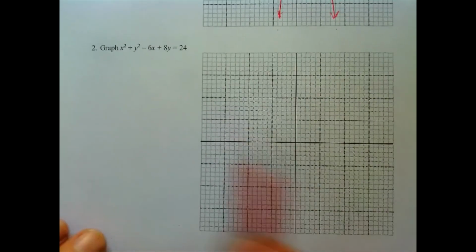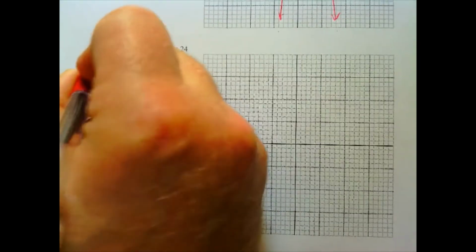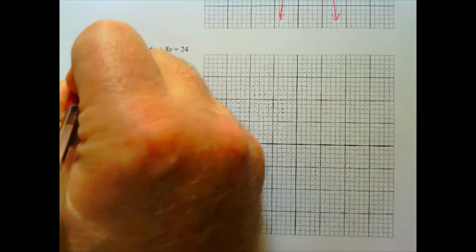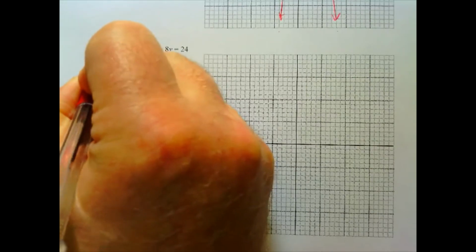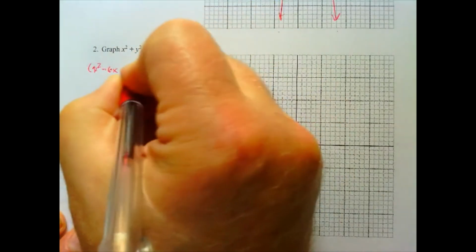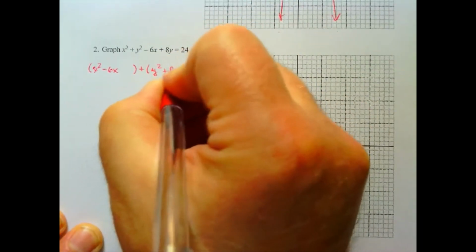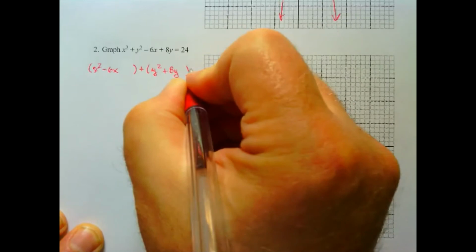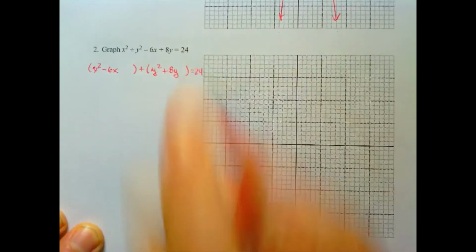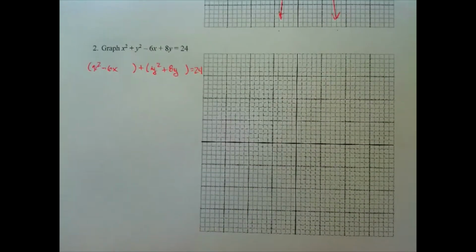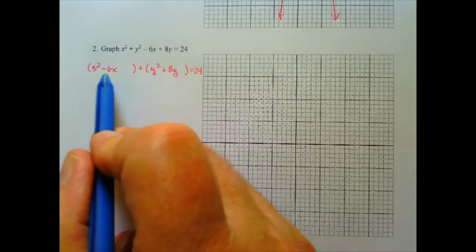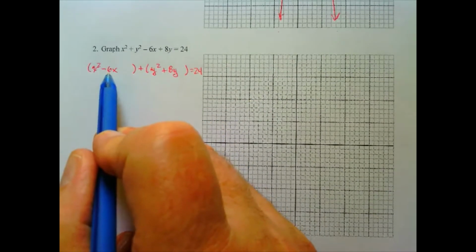So first off, let's rewrite it so that it's in the right form. X squared, subtract 6x, and then plus y squared plus 8y, and then that's going to equal 24. Okay, completing the square, cut in half, square, add to both sides.